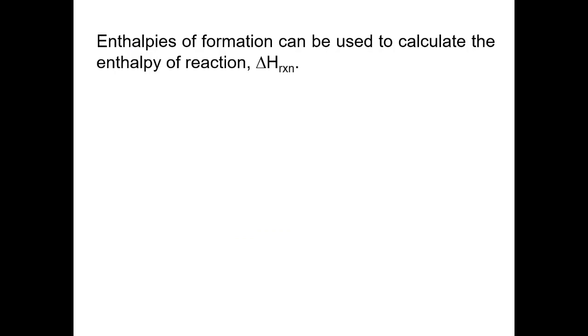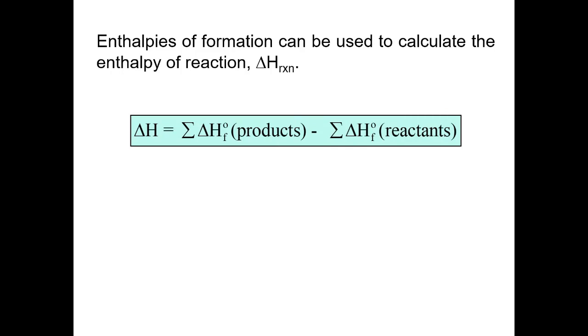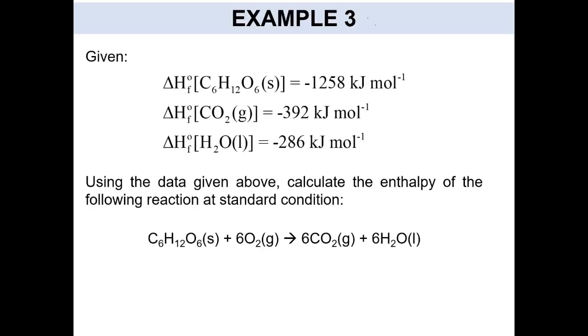Enthalpies of formation can be used to calculate the enthalpy of reactions by using the formula delta H equals sum of delta H naught formation of products minus sum of delta H naught formation of reactants. Look at the third example.